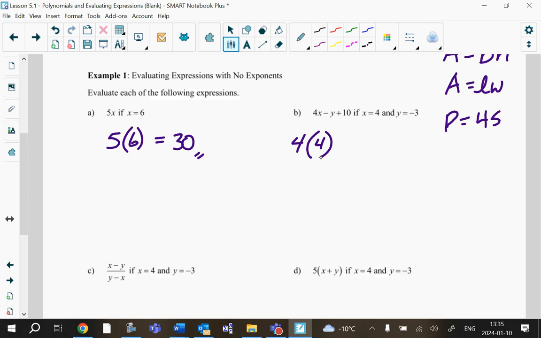Minus, and then replace the y with -3 in parentheses. That's 10. And now it comes into one of these questions that we've been working on since the beginning of the year. So what do I do next? Yeah, +3. And then +10. And then I can just do all 3 of these together to get my final answer. 29.